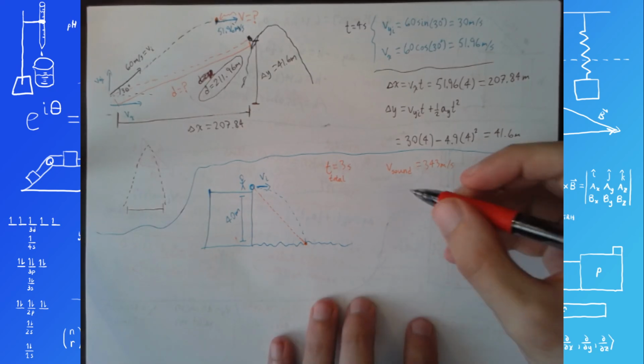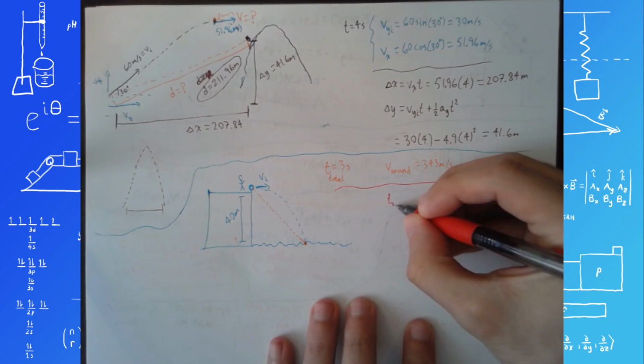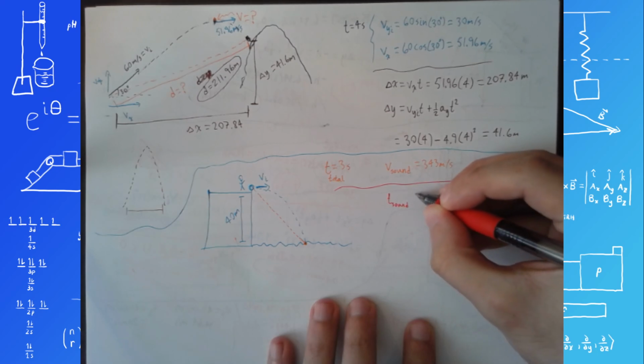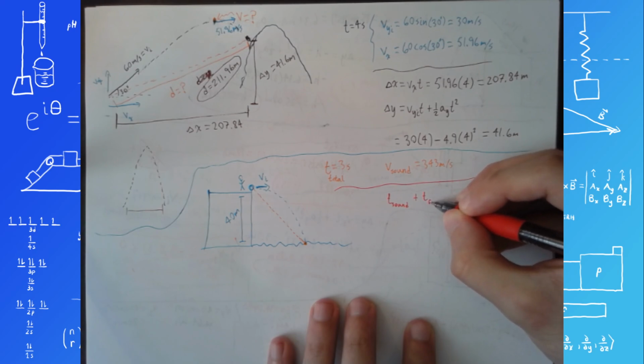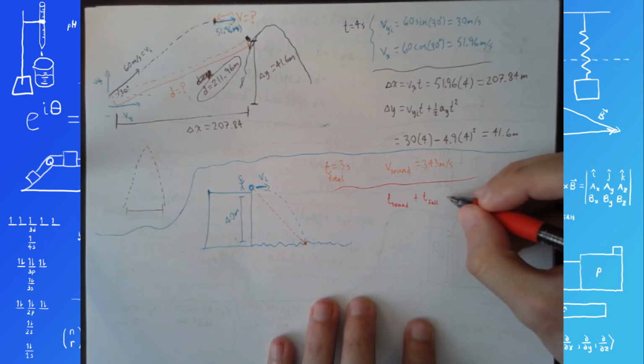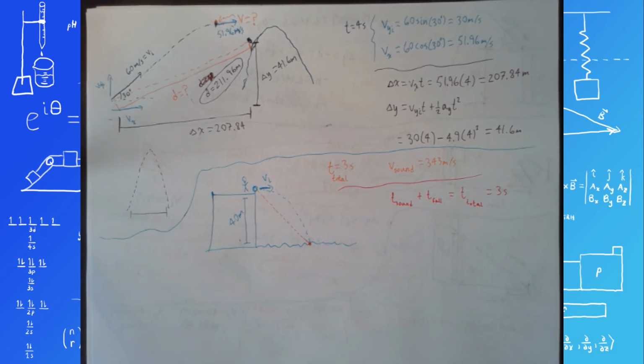So if we write t_sound plus, I'll call it t_fall of the rock, is equal to the total time, which is equal to 3 seconds. That should give us our starting point.